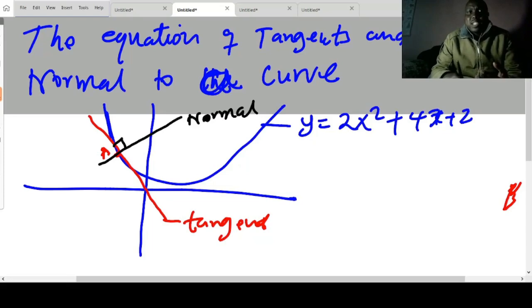From the gradient of the tangent, because it is perpendicular to the normal, we will get the gradient of the normal using the perpendicular relationship. Right? Now that is the point. So let me go into the question and do an example so that we can understand even better.